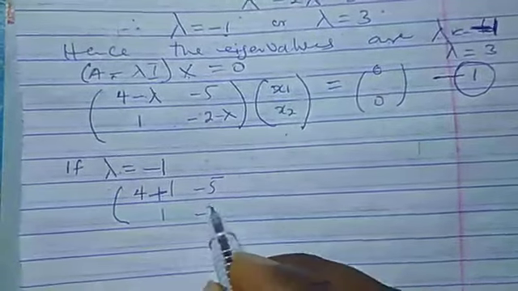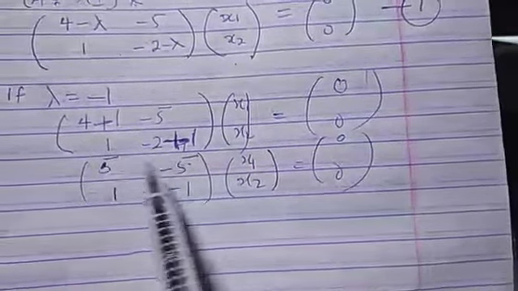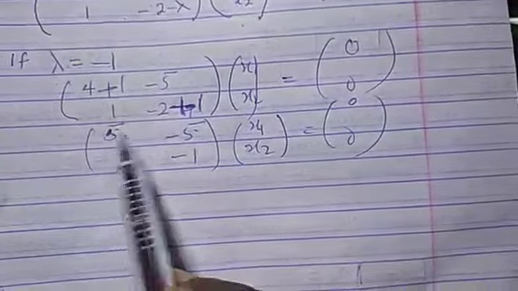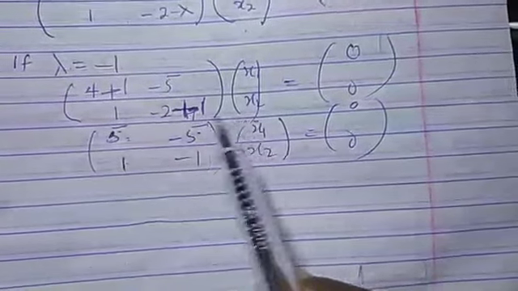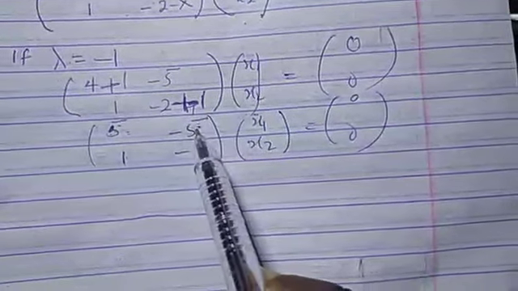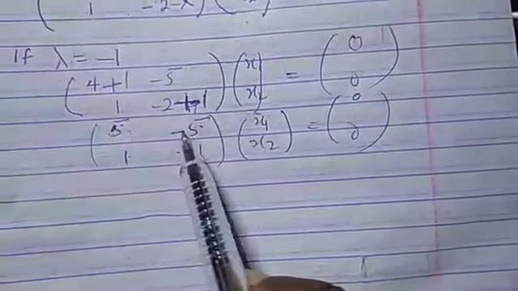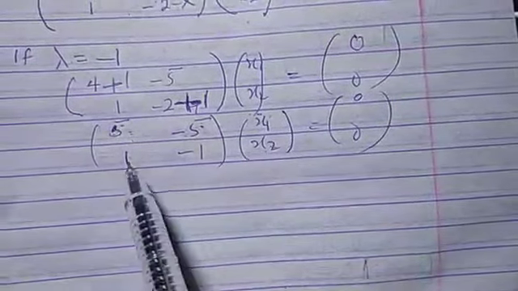Now when we get to this place, these two lines are the same thing. This is 1 and 1, so you make use of any one of the two. You multiply the matrix, that is row by column. You say 5 times S1 plus -5 times S2, 5 times S1 minus 5 times S2, or 1 times S1 minus 1 times S2.